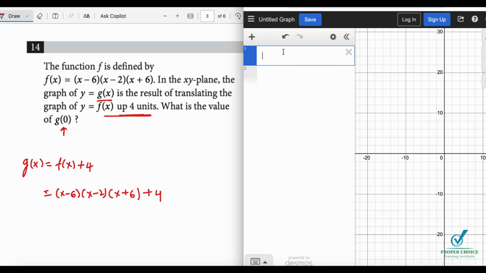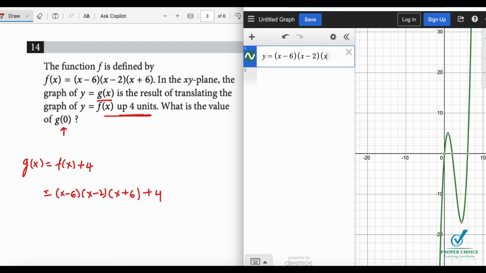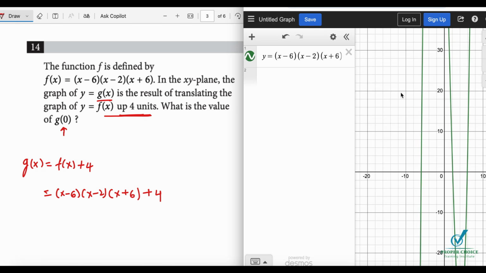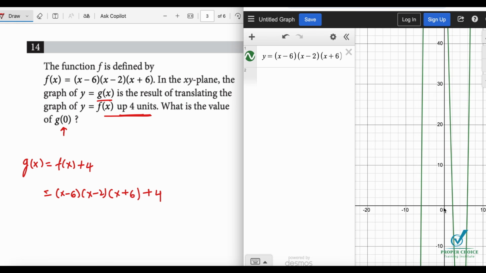So I can type it as g(x), or simply y equals (x minus 6)(x minus 2)(x plus 6). To this result add 4 and check the value of the g function when x is 0.